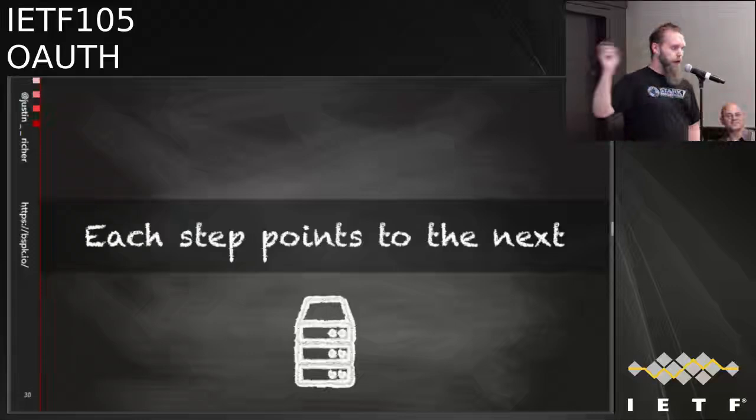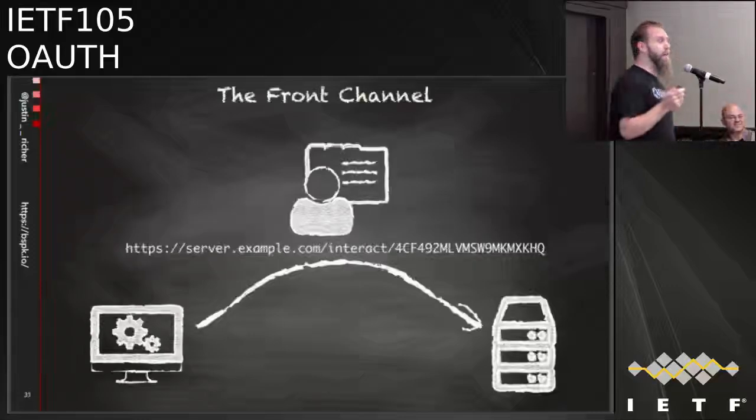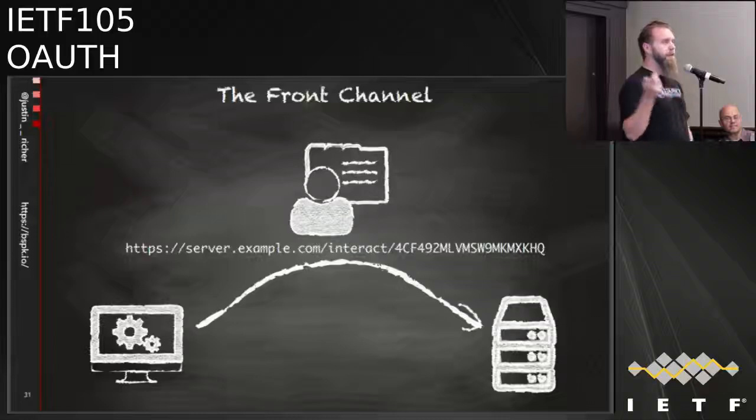I don't know why. The client then sends the user over to that URL, and it does not add any query parameters. It does not have a client ID. It does not add a state. It doesn't do anything like that, all right? Any information that the client needs to register for this is all sent in the back channel before any of this happens. So all the client needs to do is say, hey, I've got this URL. I'll get the user over there.